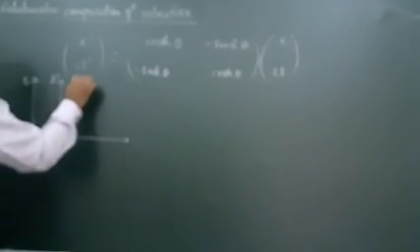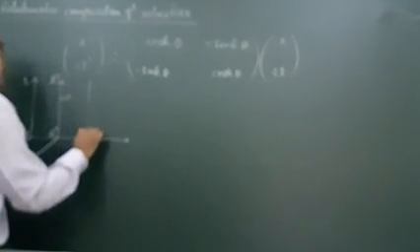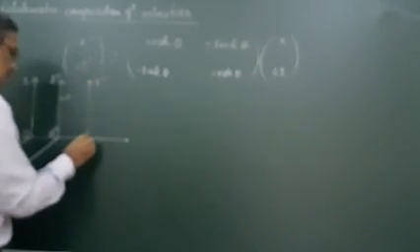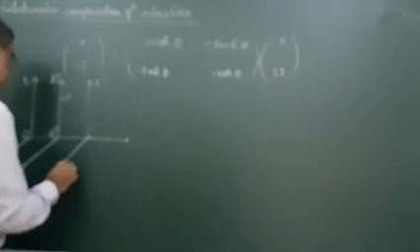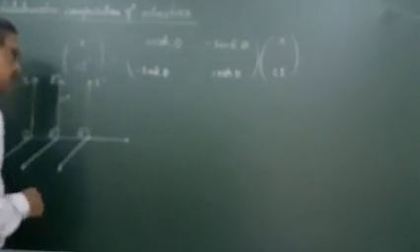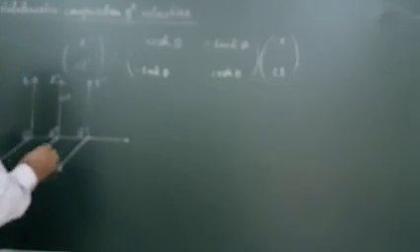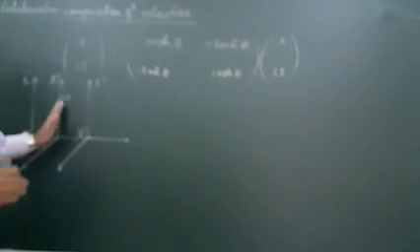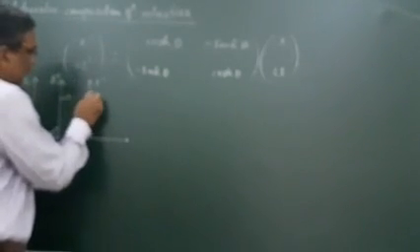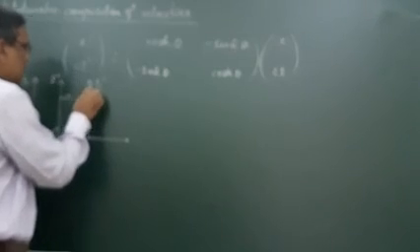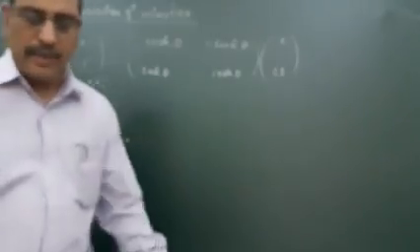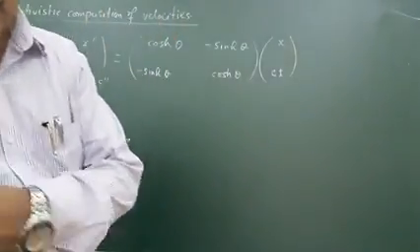And the third one, S double dash, is moving relative to this one with velocity v dash, and v double dash say.